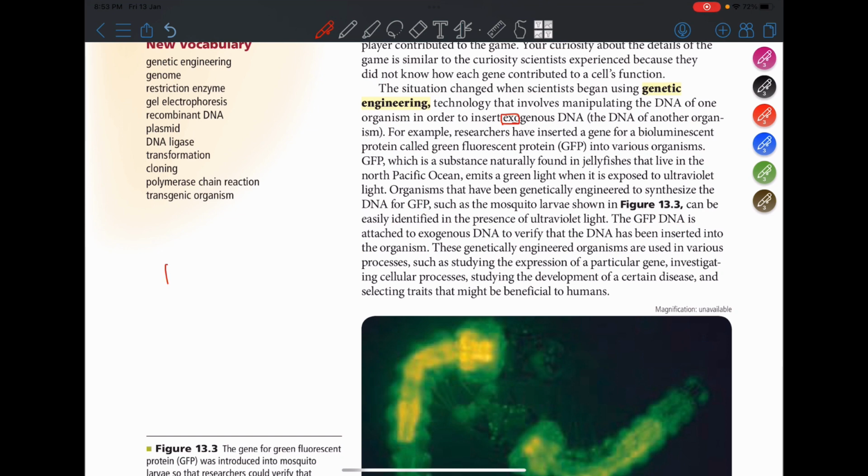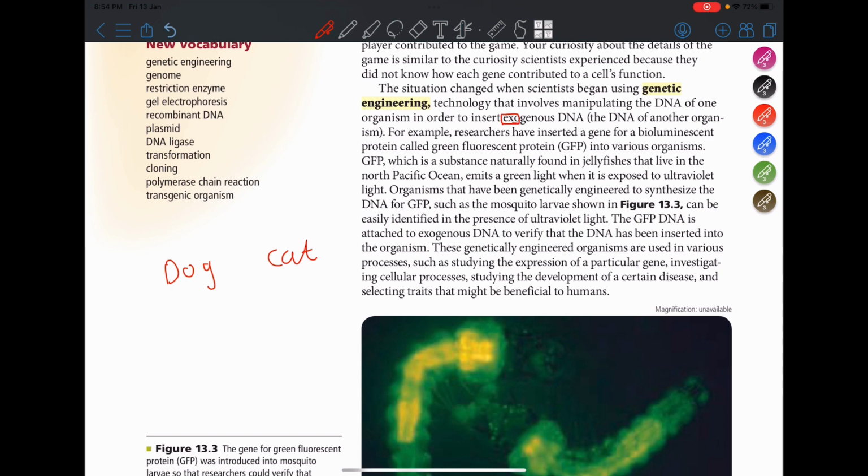So if I had, for example, a dog and a cat, and I was doing genetic engineering, what I would do is take some strands of DNA from the cat, and these would be my exogenous DNA, right? Because they're not from the dog. I want to do the genetic engineering on the dog. So I'll take a couple of genes from the cat and insert them into the dog.